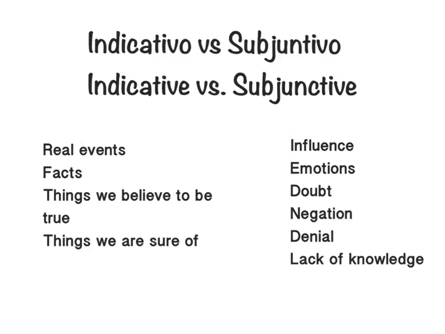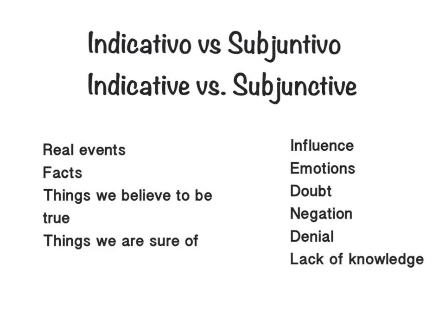In Spanish, we conjugate in two ways: the indicative, el indicativo, and the subjunctive, el subjuntivo. Now, the question is, when do we use the subjunctive and when do we use the indicative?